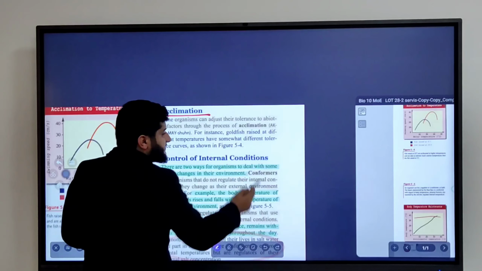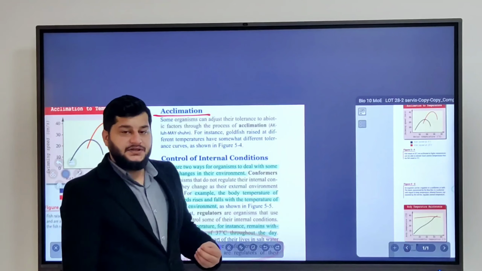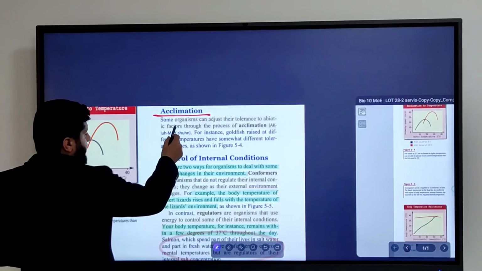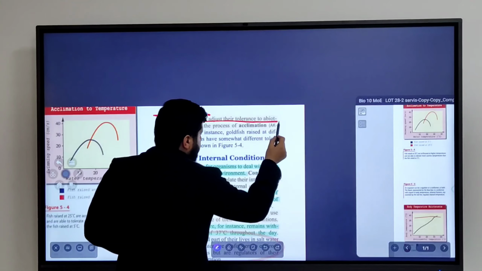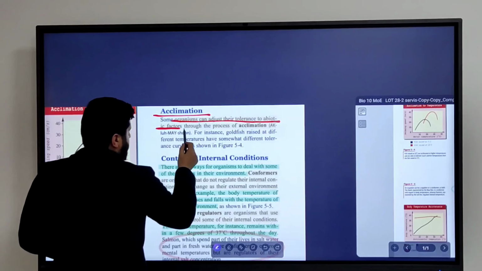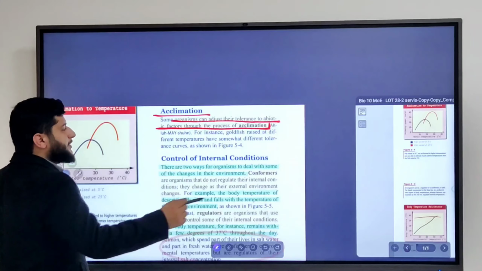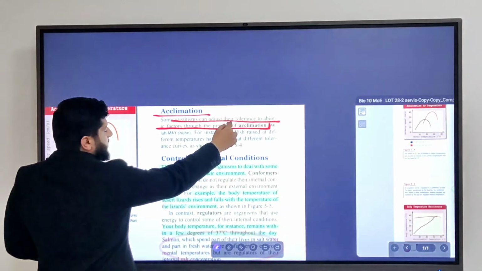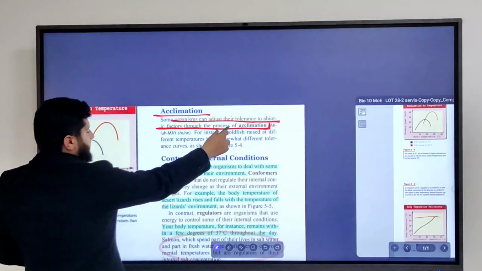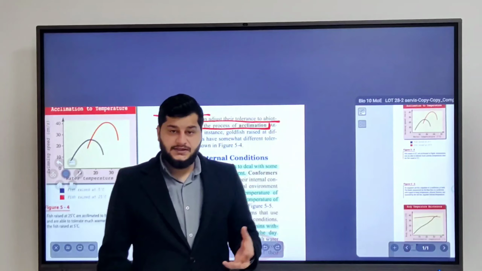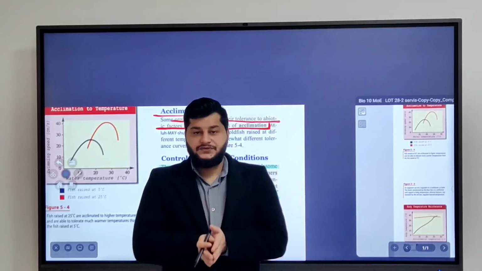It means that your body adapted to an environmental variable. So organisms can adjust their tolerance to abiotic factors through the process of acclimation. As I told you, you adjusted your tolerance level for the temperature. The same thing, let's say we have two fishes.